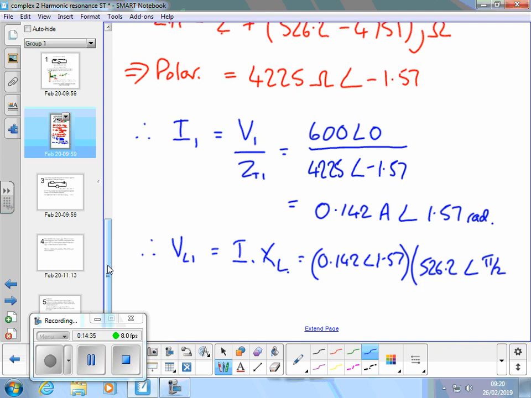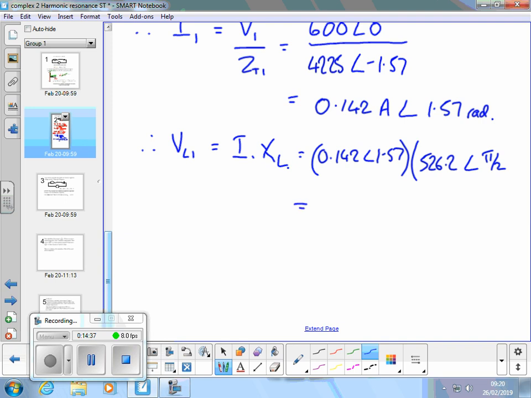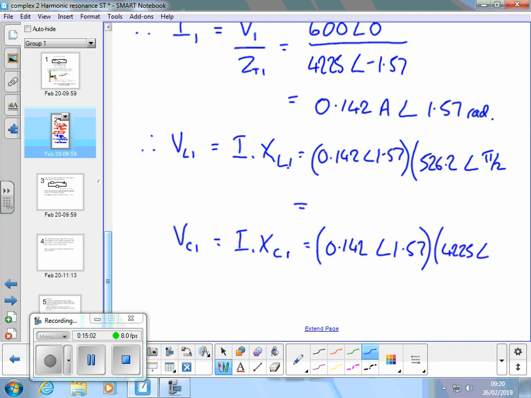And that is equal to whatever you get, and VC1 will be I times XC1, which is 0.142 angle 1.57 times 4225 angle minus pi over 2 for the capacitor.